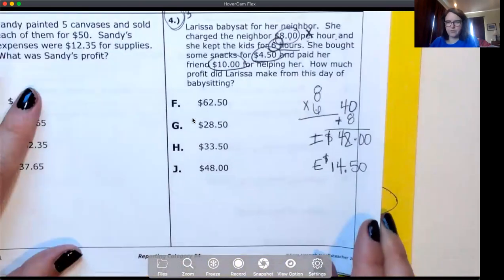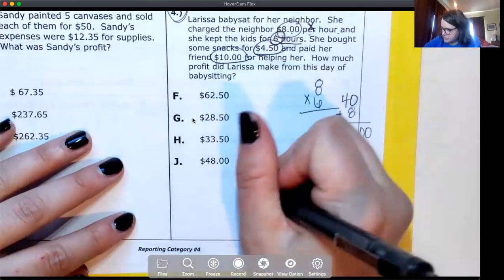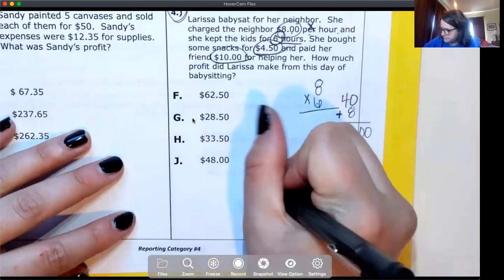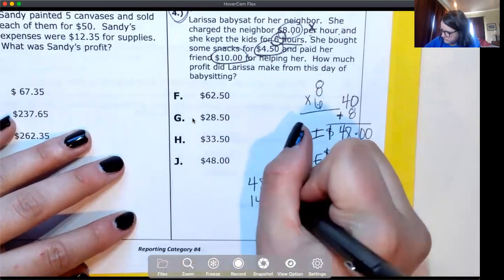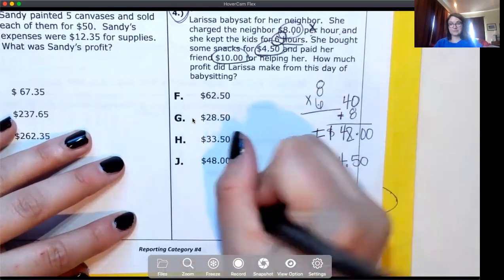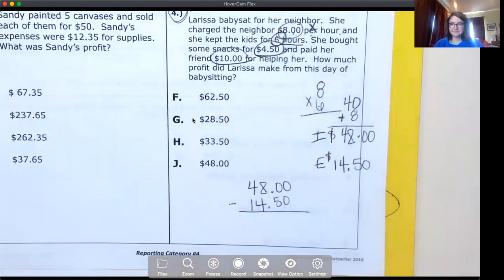I'm going to give you about 30 seconds to do this math on your own. You should be able to find that answer before I do.